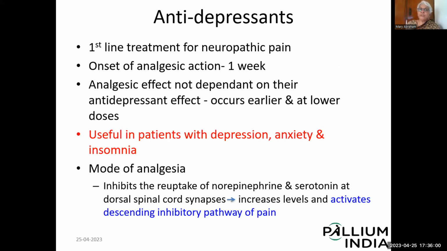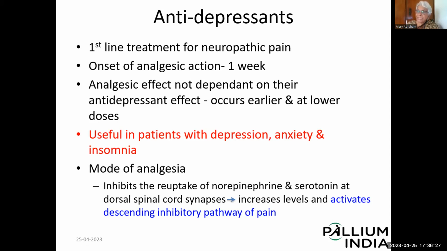Now, coming to the antidepressant drugs. This is also the first line treatment for neuropathic pain, just like anticonvulsants. So you can give either an anticonvulsant or an antidepressant or both. But the analgesic action starts in a week's time, so you have to explain to the patient that this is not instantaneous. And this analgesic effect is not dependent on the antidepressant effect. It occurs earlier and also at lower doses as compared to the antidepressant effect.